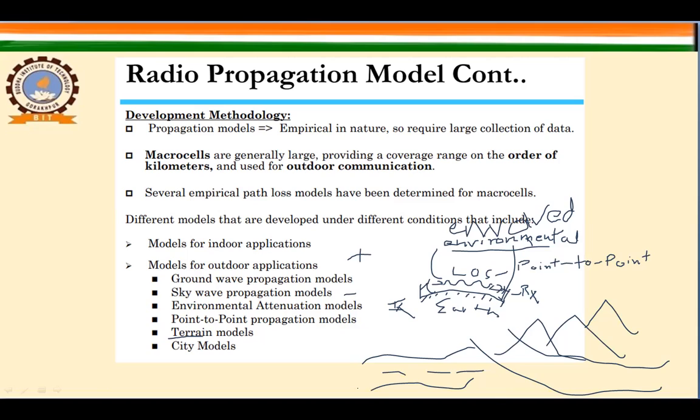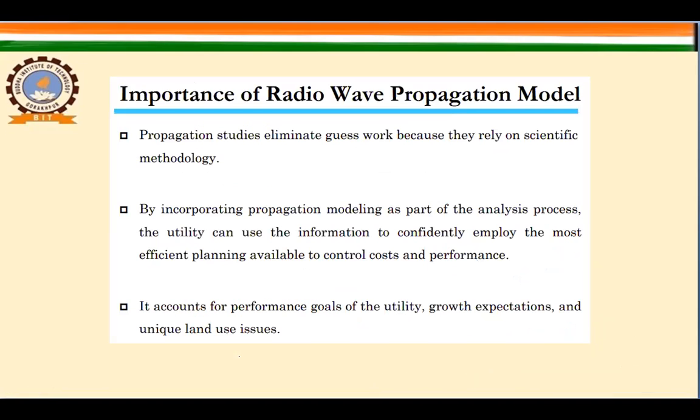So we need another type of model, that is the city model. When the data is collected from different cities, then we have in the field what our next predictions are, to help design the specific type of receivers.